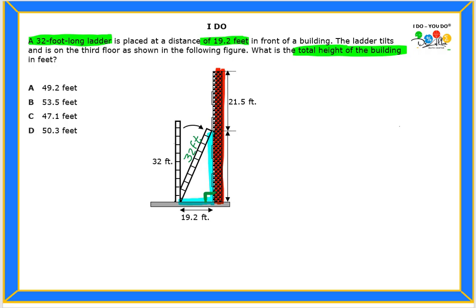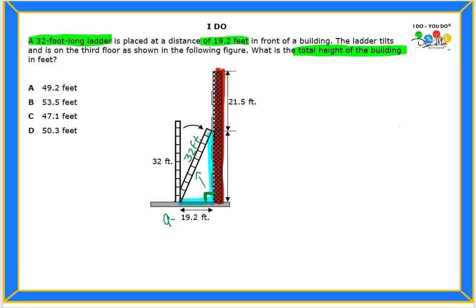So the 32 feet is the hypotenuse. Remember, the hypotenuse is always going to be right across from the right angle. So the 19.2 can be either A or B. It's up to you.